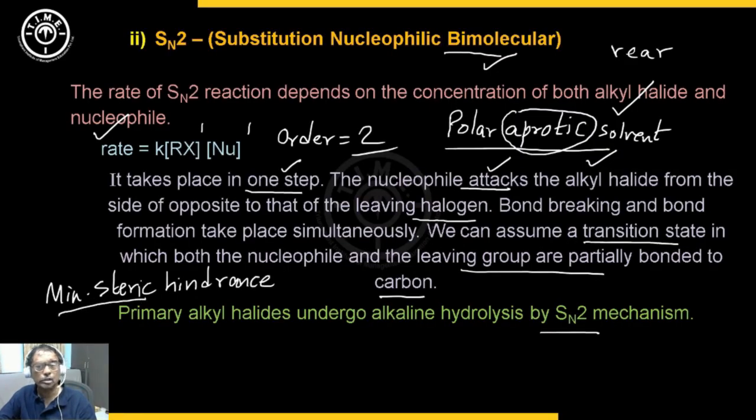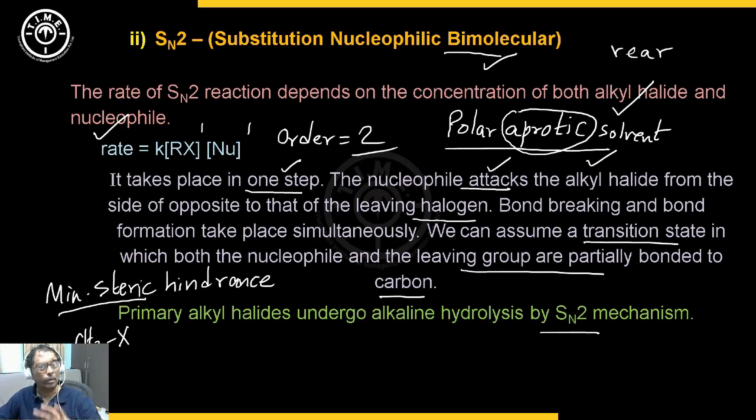When the nucleophile does not find it difficult to reach the carbon, it will easily reach. So primary alkyl halides or methyl halides, CH3X, are the best, because the carbon has 3 hydrogens and hydrogens are the smallest atoms, is it not? So the nucleophile can attack this carbon best when it is methyl, followed by a primary, then a secondary, then a tertiary.